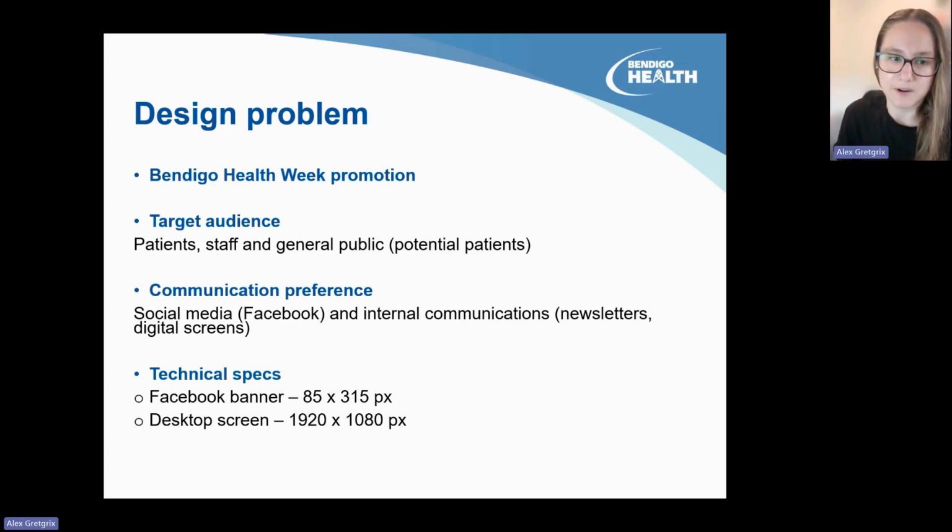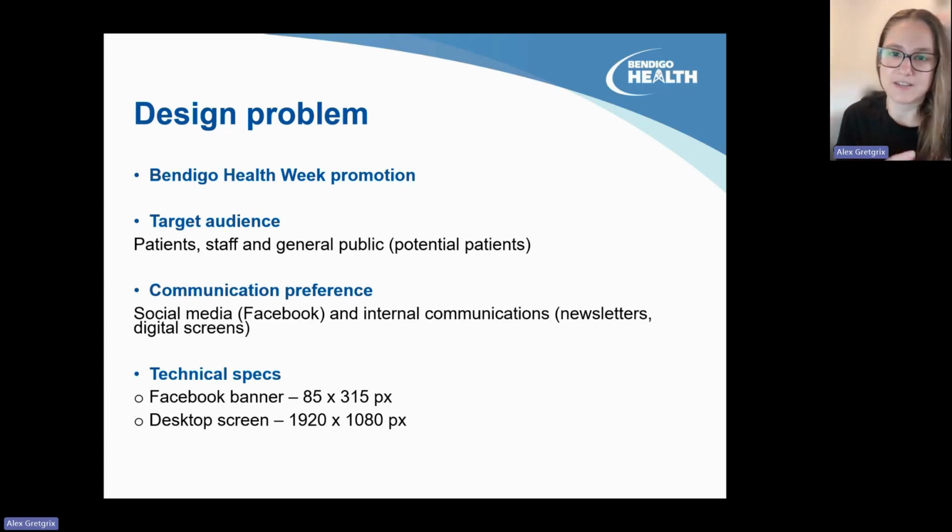We also have staff as one of our main target audiences, and they're all very busy people. Not that they don't like to read emails, but they just don't have time. We have a lot of desktop computers across the service, so having a desktop screen banner up before people do their clinical notes or paperwork means they can see that the event's coming up.